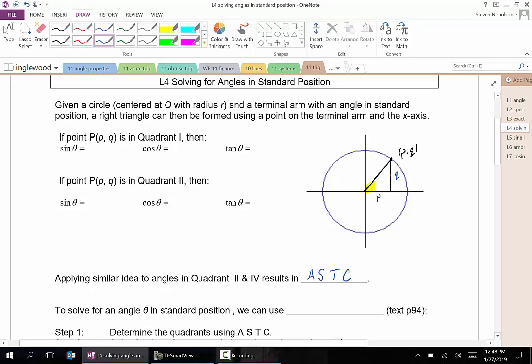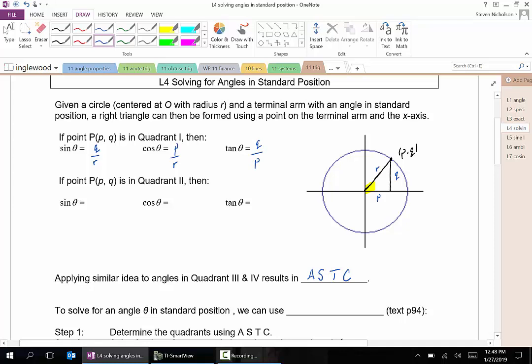This would be the y coordinate, and again, the radius is always positive. So if we're going to figure out the sine of p comma q, whatever those values are, we simply plug in the side opposite compared to the hypotenuse. The cosine would be the side adjacent to the hypotenuse, and the tangent would be whatever these values are.